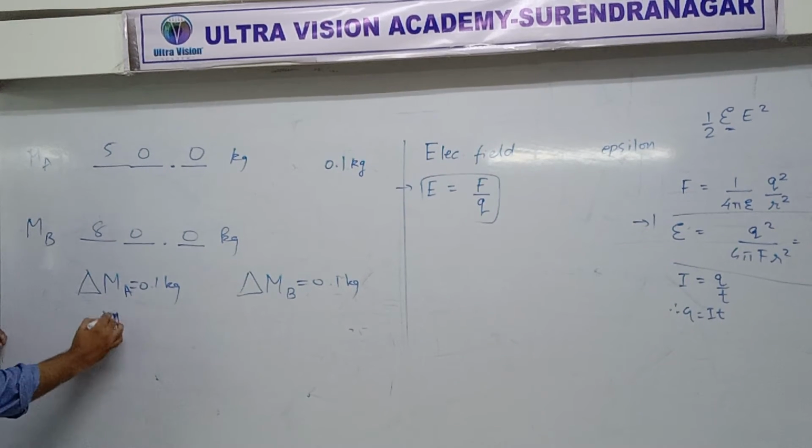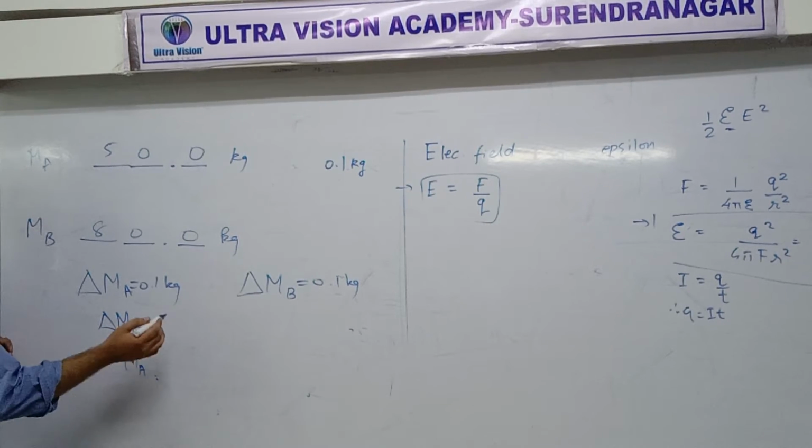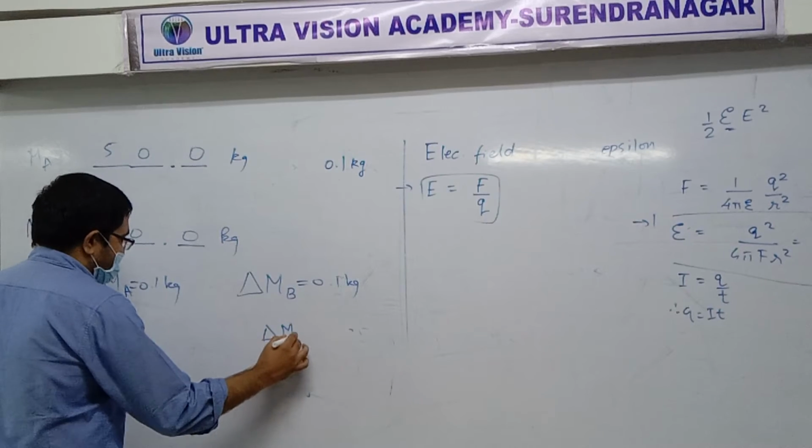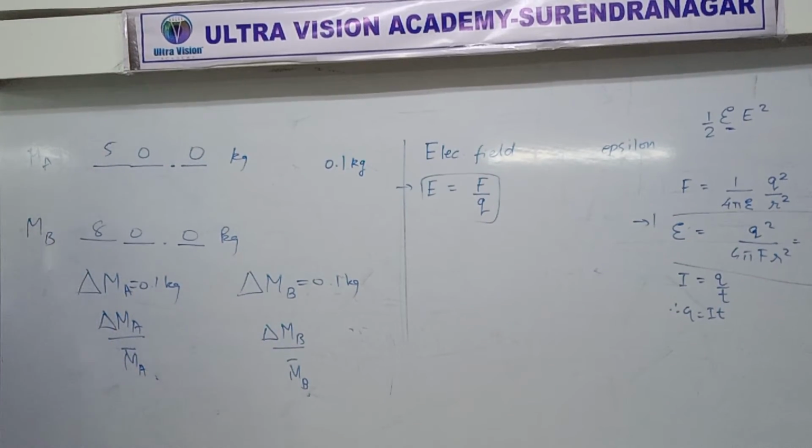So delta MA by MA bar and delta MB by MB bar. Clear or not? Yes. So what do we have to decide? Read the option.